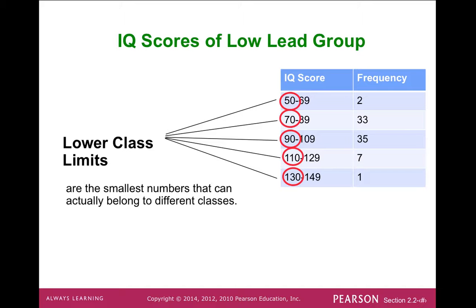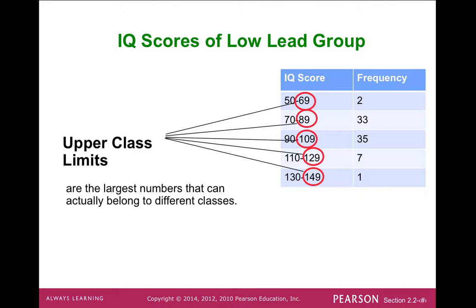Whereas in the next class, 90 would be the lowest, and so on. So those are known as lower class limits. In contrast with that are upper class limits. So just like back to the example of the class of 70 to 89 as an IQ score, 89 would be our upper class limit. That's the largest number that can belong to that class and still be considered part of it.